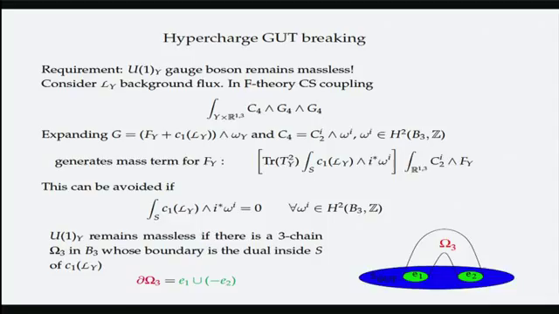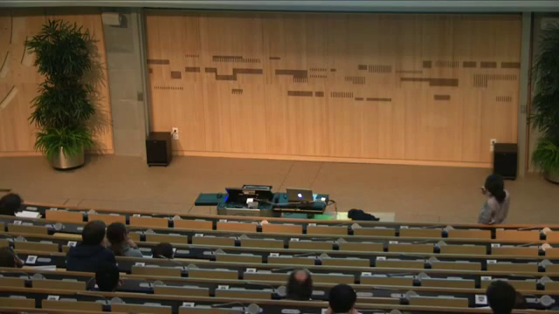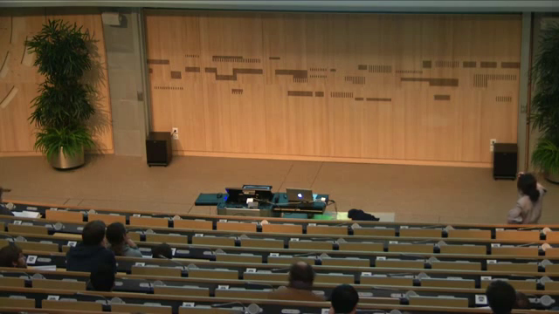So what this means geometrically is that this C1 of L_Y will be dual to some 2-cycle inside the GUT surface. The GUT surface is this here. This will be dual to, say, some curves E1 and E2, or E1 minus E2, so it could also be some connected thing.